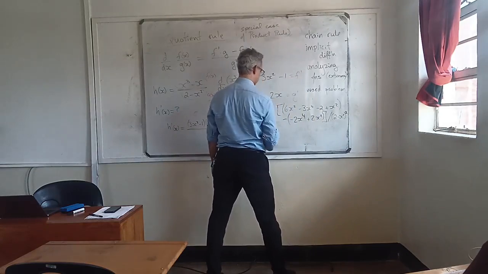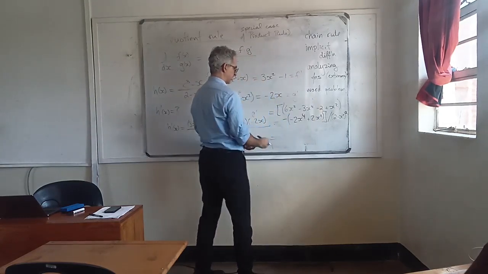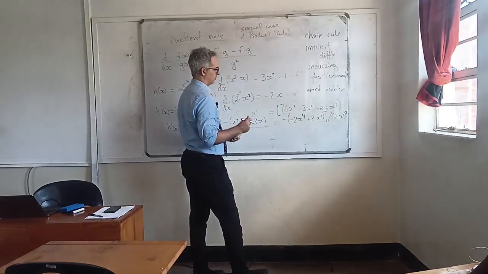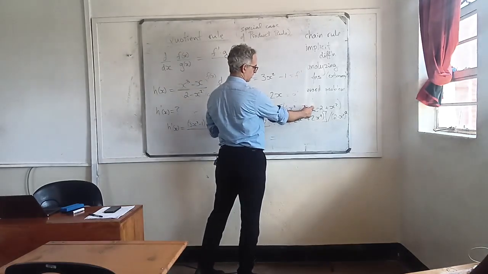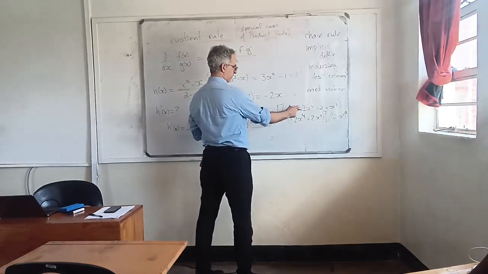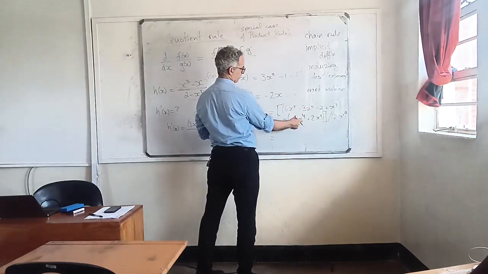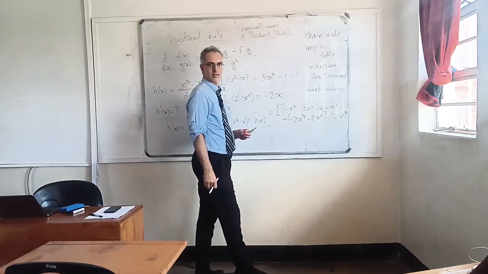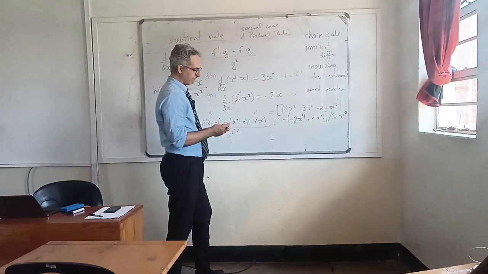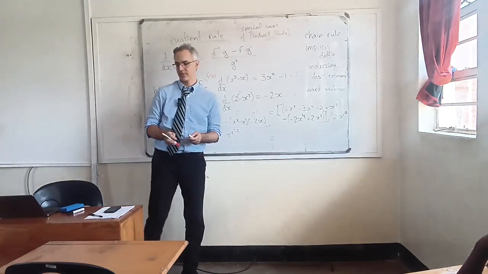Now we can start to combine these terms. So what goes with what? We have x to the 4th and x to the 4th. What do they add up to? We have a minus 3x to the 4th and minus 2x to the 4th. Minus 5x to the 4th?